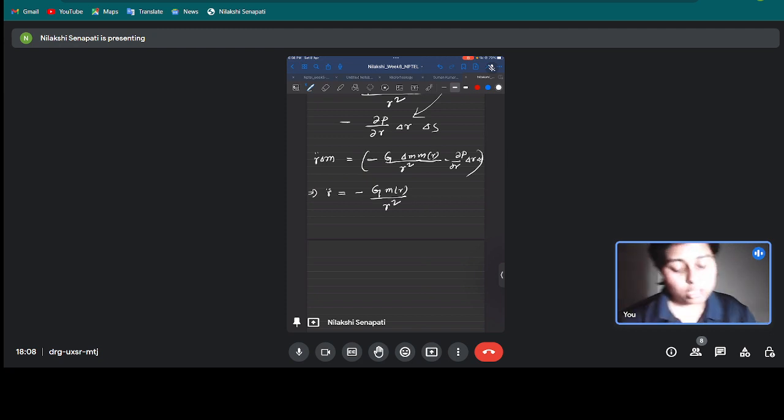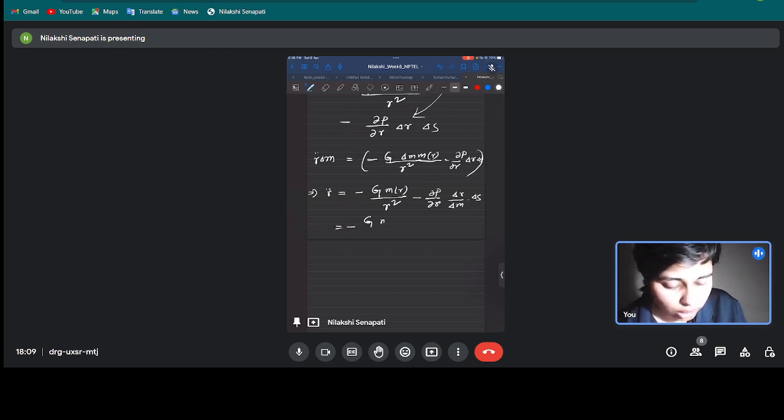Delta m I'm taking to this side, the denominator of the right hand side. Then the delta m will go out, and now whatever we are left with is g m_r by r square minus del p del r by del m into del s.